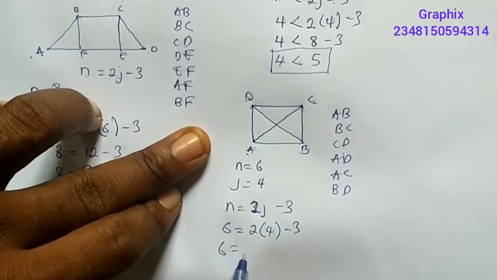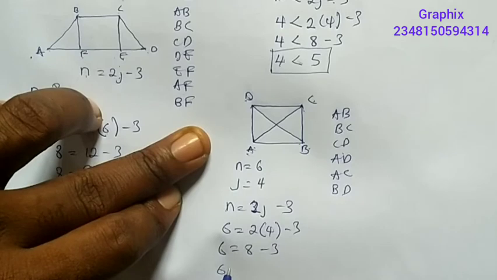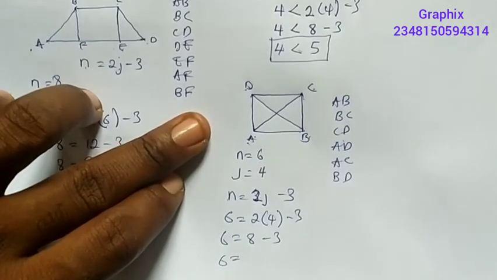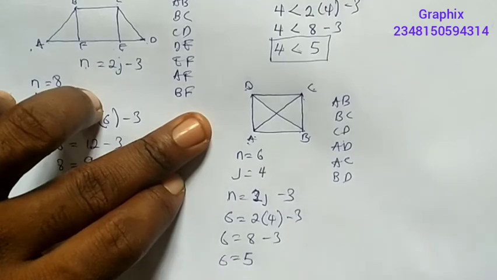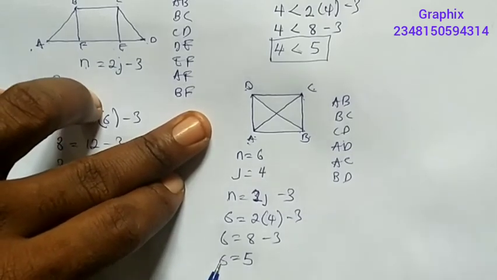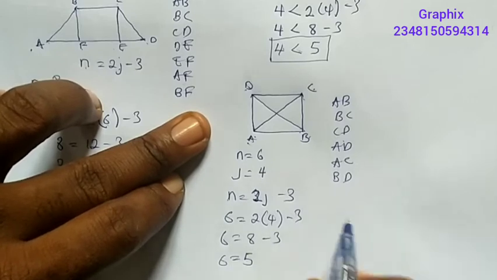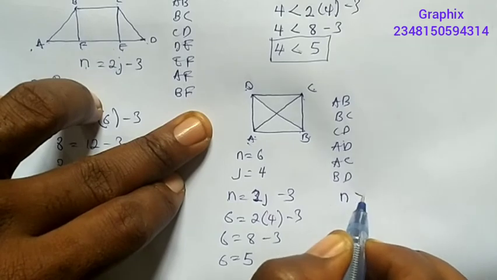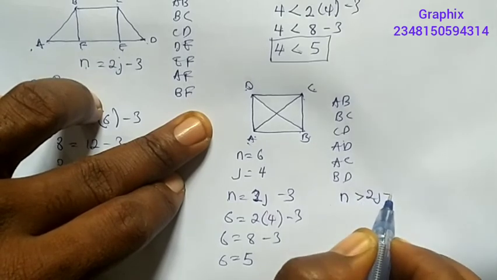So 6 compared with 8 minus 3, which equals 5. Now what do you notice? The n is greater than this 5. So it means that n is greater than 2j minus 3.